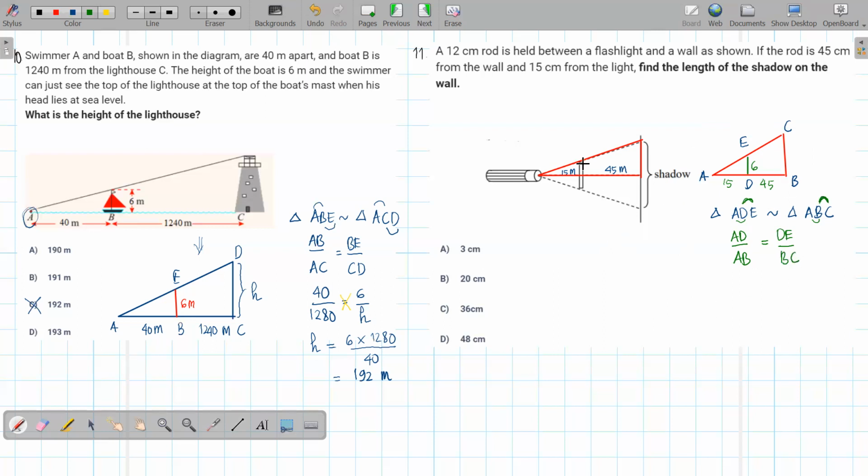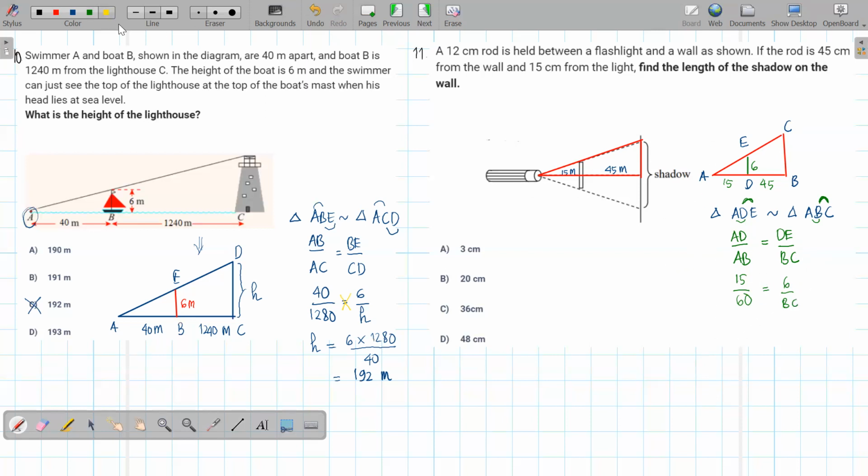Now we put in the numbers. AD is 15, and AB is 15 plus 45, so it will be 60, equals DE, which is 6, over BC, which is what we are going to find. So BC is the shadow part.